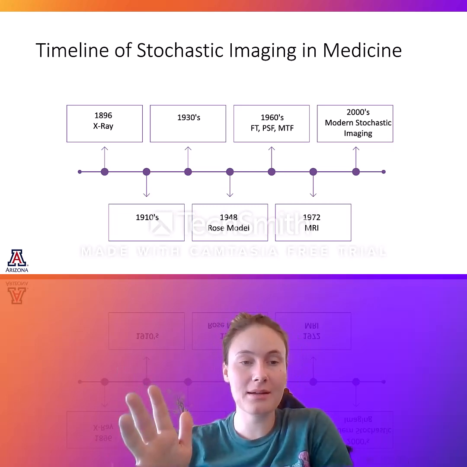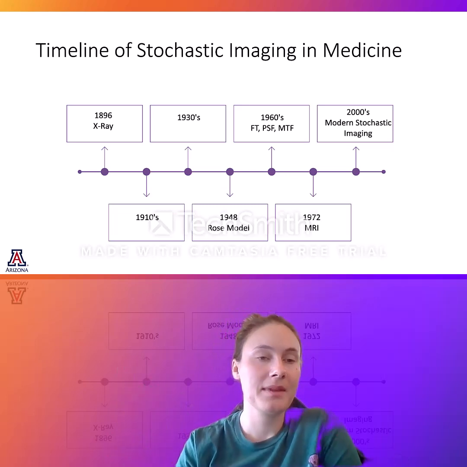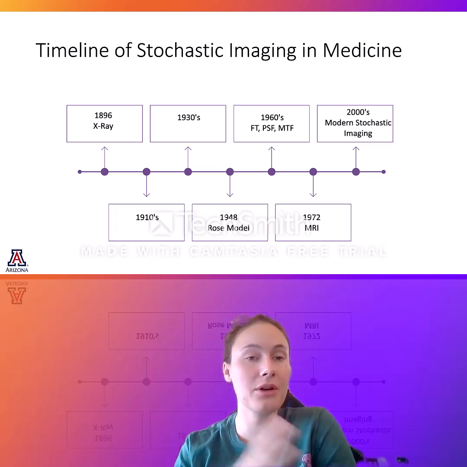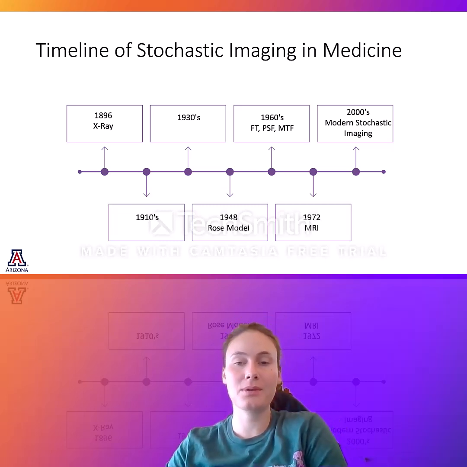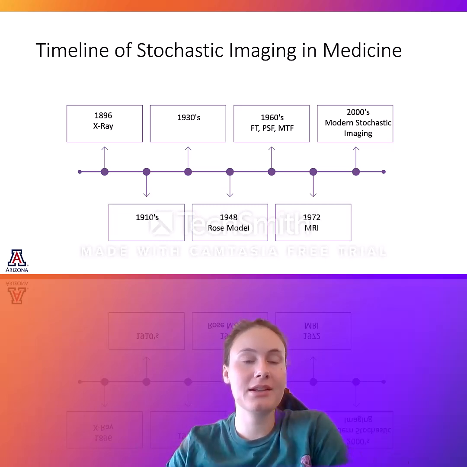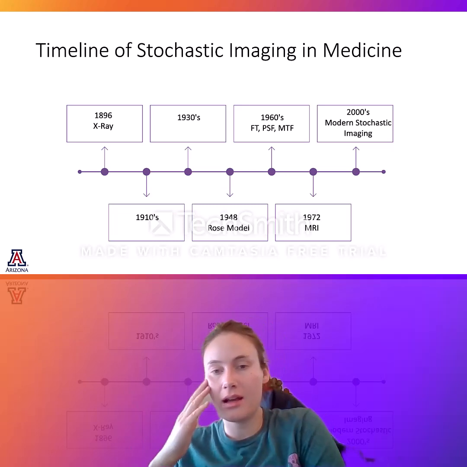Just back to our timeline, we have the X-ray developed in 1896. We have the Rose model developed in 1948. And after this, roughly 10 years later, things started taking off in the stochastic imaging world.